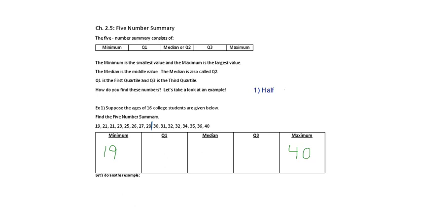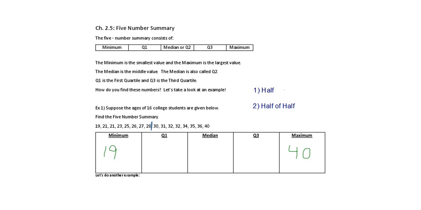Okay, now here's what I'd like to do. Step 2 of this is what I call half of a half. So in step 2, I like to take each half and cut them in half. Do you see how the first half has 8 numbers?